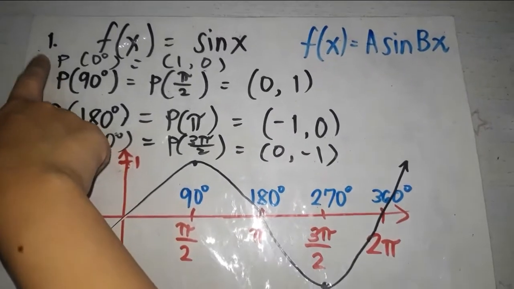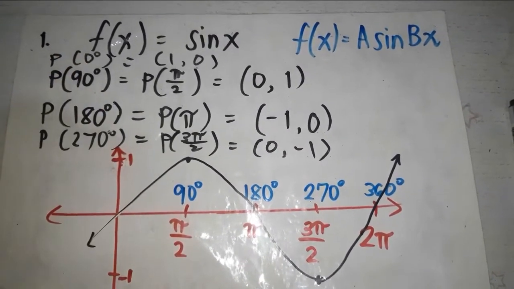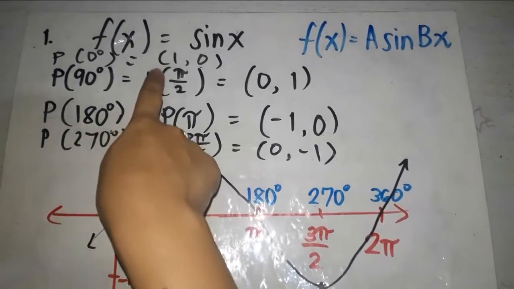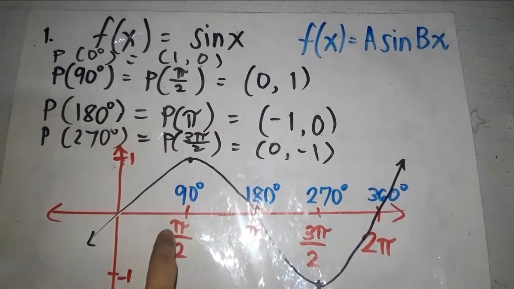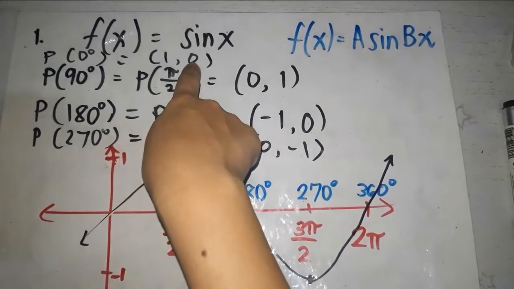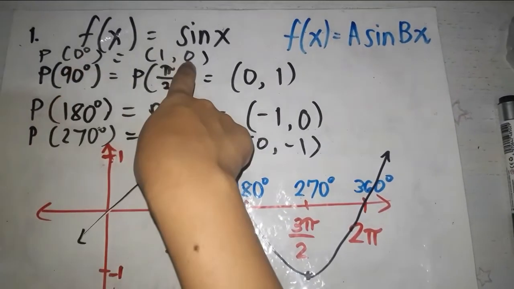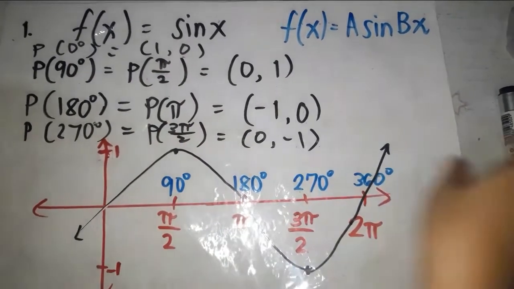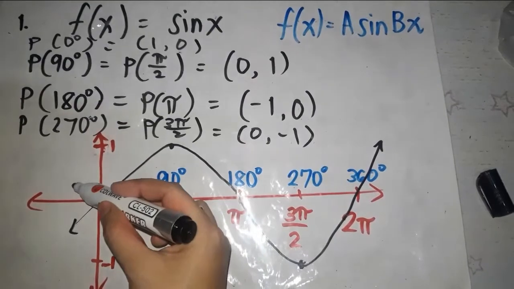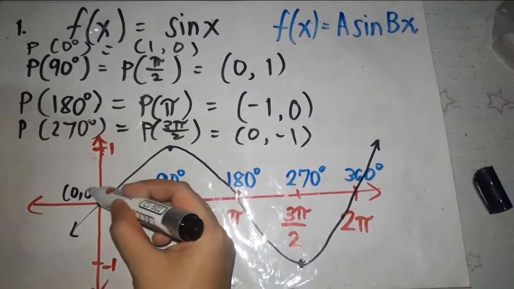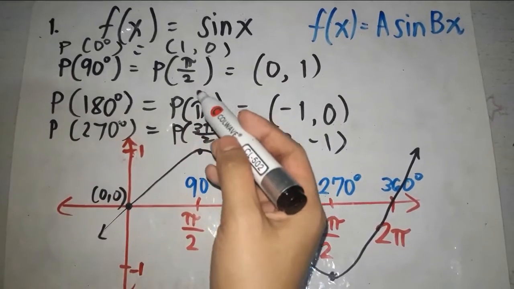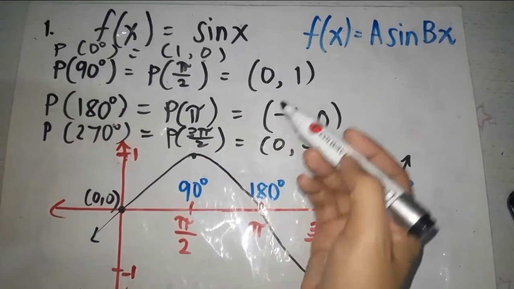Alright, so we start with P of 0 degrees, meaning the point of intersection of 0 degrees in a unit circle is 1, 0. And here we have 0 for x, and the value of y when the angle is 0 degrees is 0. Therefore, we have the first point at 0, 0, the origin. Next, P of 90 degrees, or P of pi over 2. The coordinates are 0 and 1.